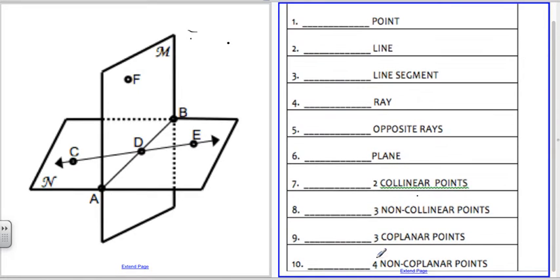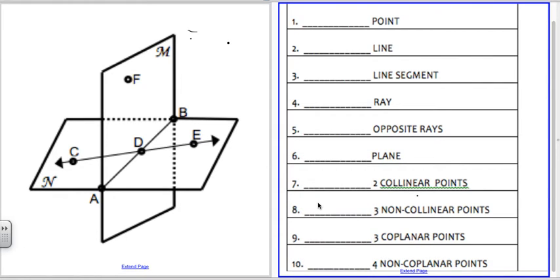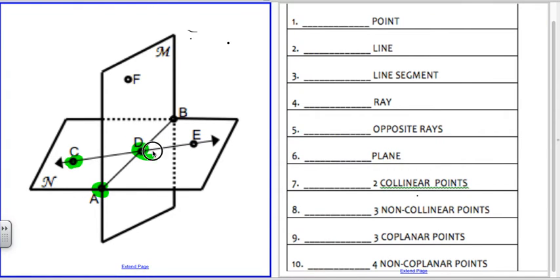So we have all of these things that we need to name from this picture. So from the picture, we're going to start out with a point. We actually have lots of points. Okay, so we have a point here, here, here, here, here, and here.